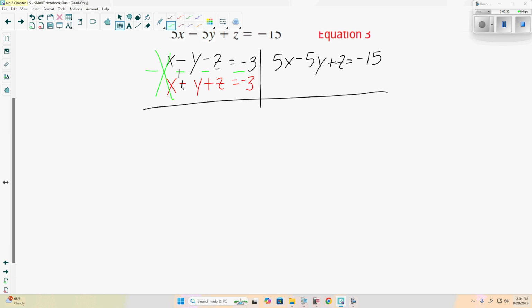Negative y plus y is also 0. Negative z minus z. Well, that's going to be negative 2z. Negative 3 minus negative 3. Well, the negative and negative make a plus, and tell us that it is 0.